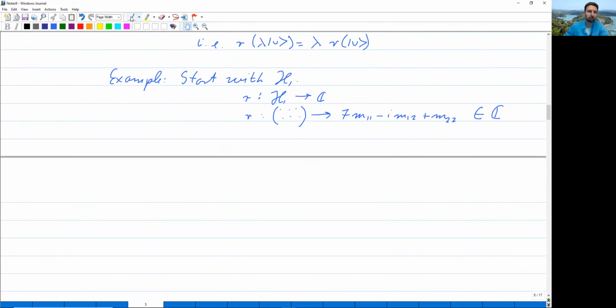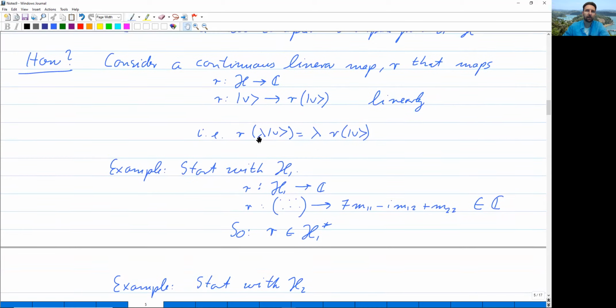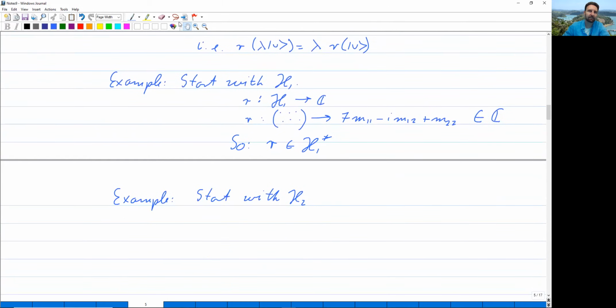Let's do another example, this time with H2. Start with H2. Oh, by the way, so what we have is that R is an element of H1 star, right? Sorry, we will get to this in a sec. Okay, so we start with H2 now. Remember what H2 was.